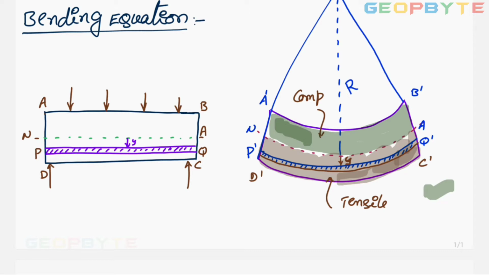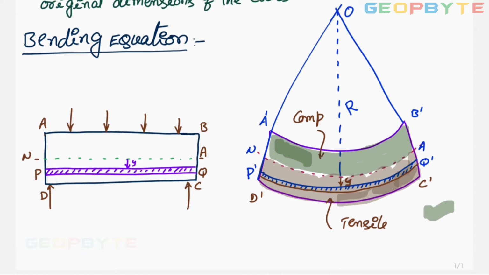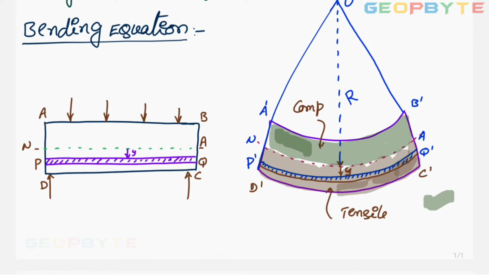But the length of the neutral axis cannot be changed. Then you project the lines from A dash and B dash. Those lines meet at a particular point O. From that point O, you project a vertical line towards the neutral axis. The distance from that intersecting point to the neutral axis is called R. R is called the radius of curvature.